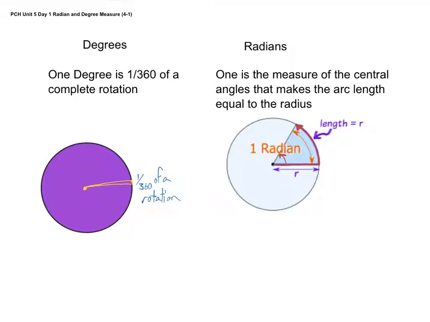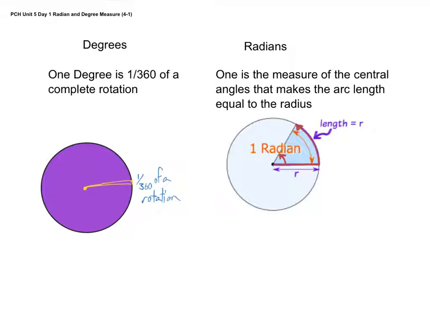Now, the arc is not the radian. The radian is the measure of the angle. Okay? And there's a couple things that you need to know about radians that we'll do more with tomorrow when we look at actually converting from degrees to radians and back and forth.